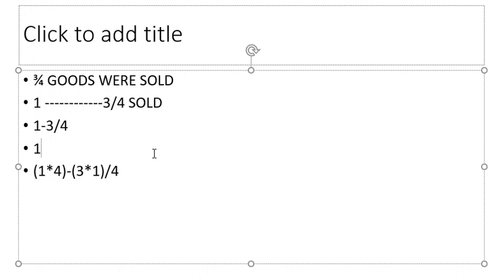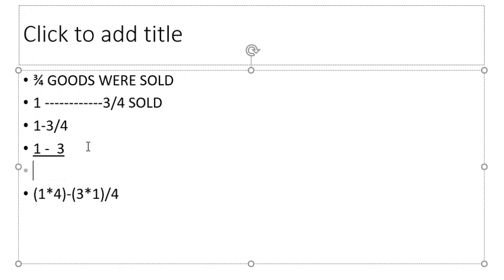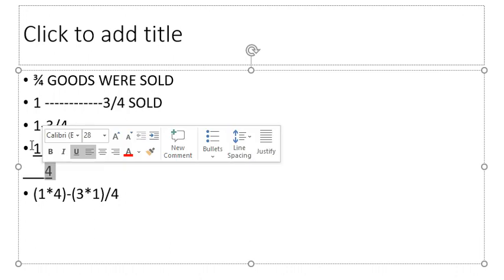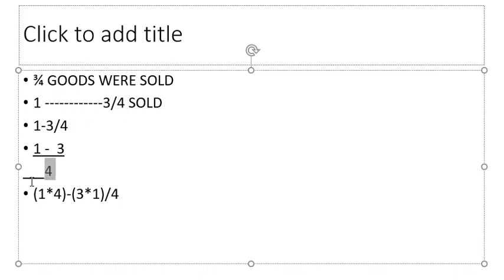So how did you get 1 into 4? It is nothing but 1 minus 3, and this will be divided by 4. So when this is divided by 4, how will you find out? You need to find the LCM for it.